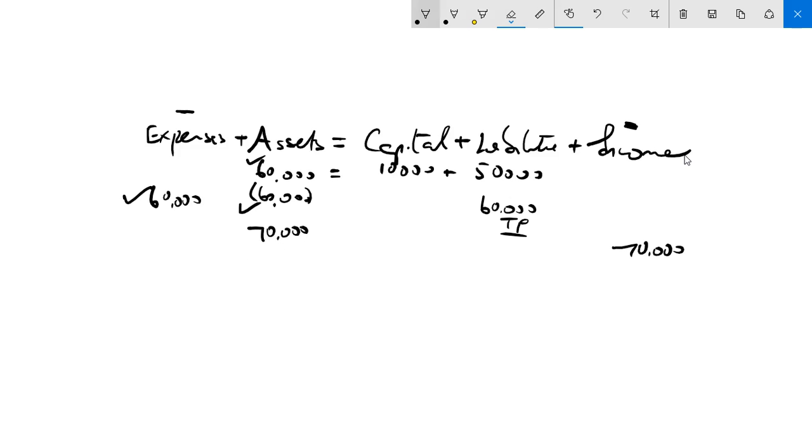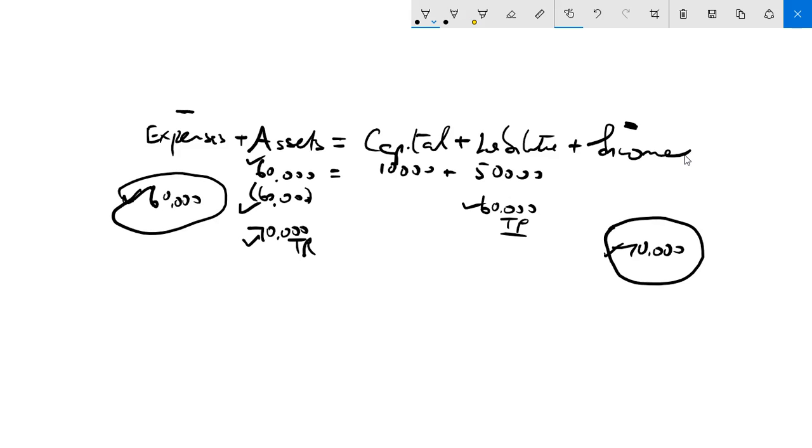Let's just go back to this idea. So you bought the goods on credit, 60,000. You sold the goods, 70,000, and you have a piece of paper saying you are owed. Profit is still the record of the difference between income and expenditure, which is still 10,000.